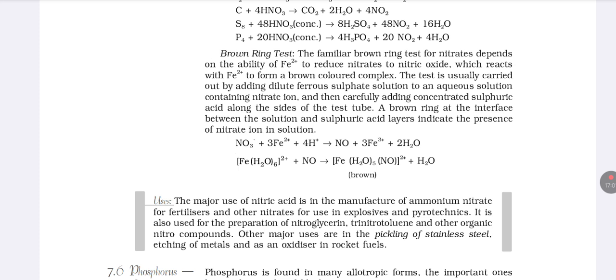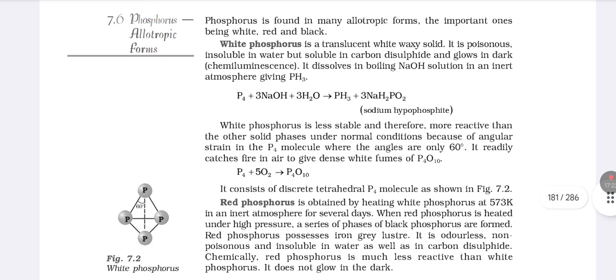A brown ring at the interface between the solution and the sulfuric acid layer indicates presence of nitrate ion in solution. The major use of nitric acid is in manufacture of ammonium nitrate for fertilizer and other nitrates for use in explosives and pyrotechnics.